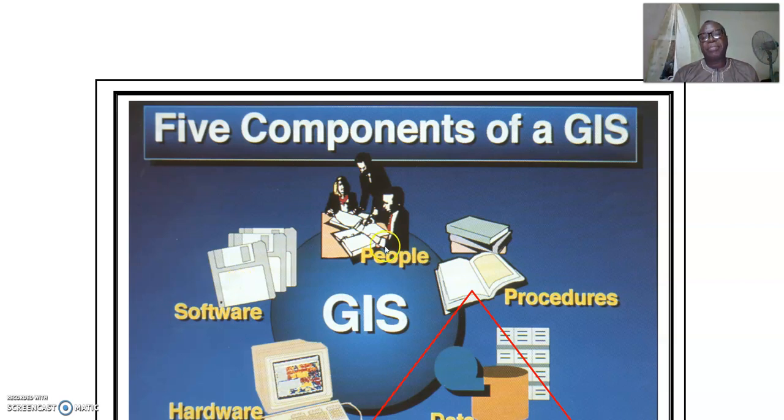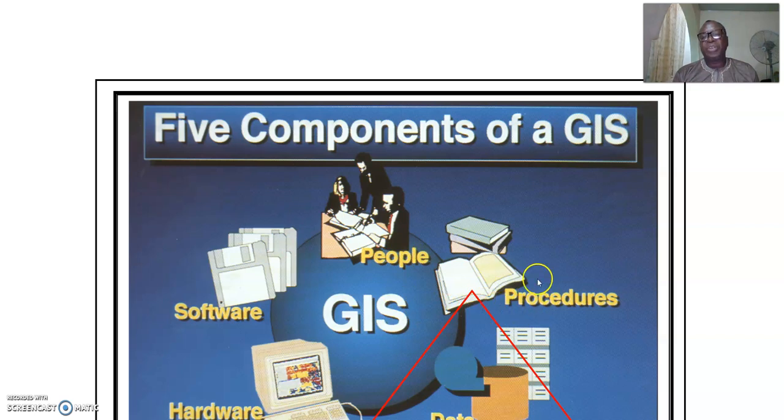GIS laboratory. The second one is the people, that is the experts that will introduce the procedure or the techniques to use GIS to manipulate GIS databases and datasets using the GIS software to solve a problem on the Earth surface.